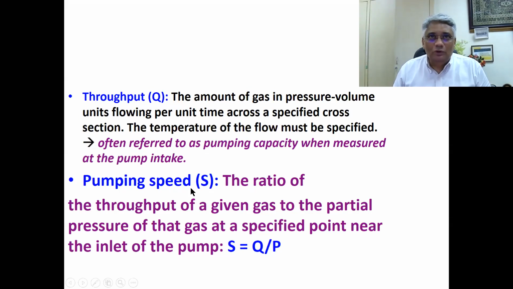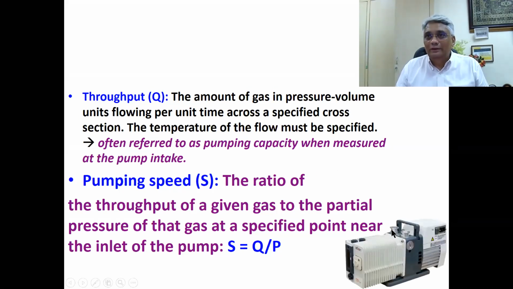So there's also what is called the pumping speed. Pumping speed is the ratio of the throughput of a given gas to the partial pressure of that gas at a specified point near the inlet of the pump. So the inlet of the pump is what everything matters, right? If you look at the picture at the bottom here, there are two ports that you see there.